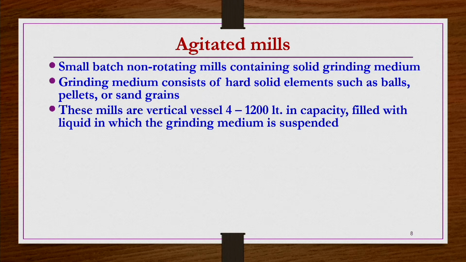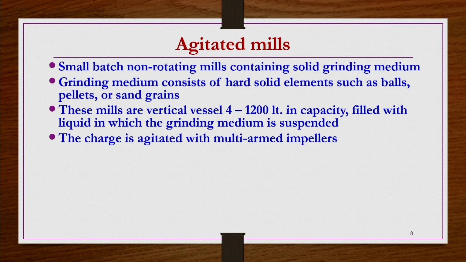The liquid has to be non-reactive and non-corrosive. The charge is agitated with multi-armed impellers. The feed along with the grinding medium and the liquid is agitated with multi-armed impellers so that enough agitation takes place.